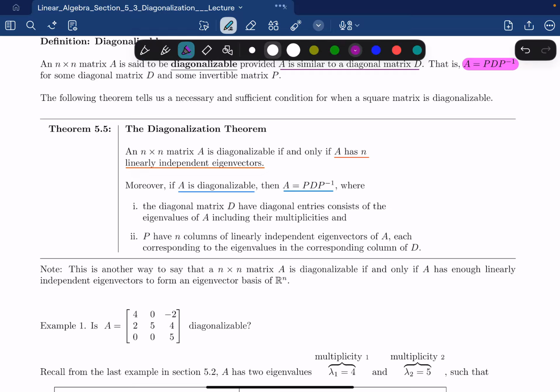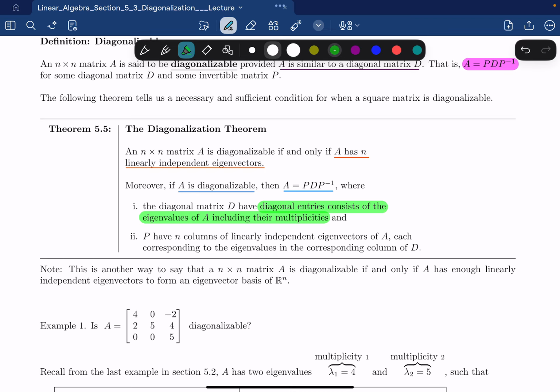The diagonal matrix D has diagonal entries consisting of the eigenvalues of A, including their multiplicity. So this diagonal matrix is the eigenvalues of A.